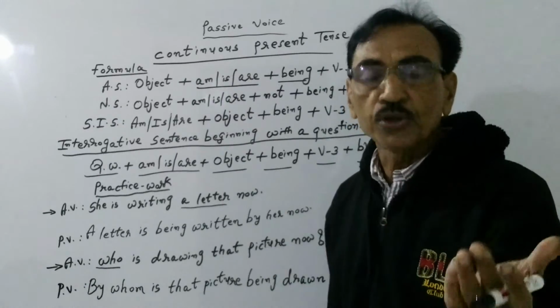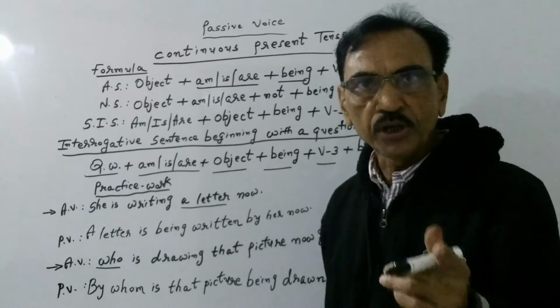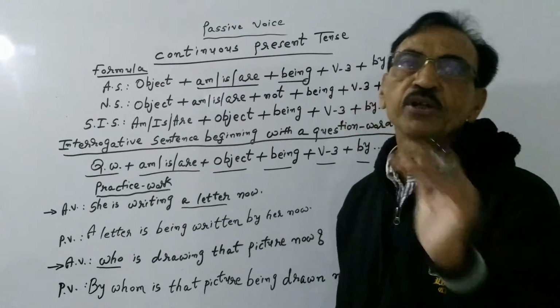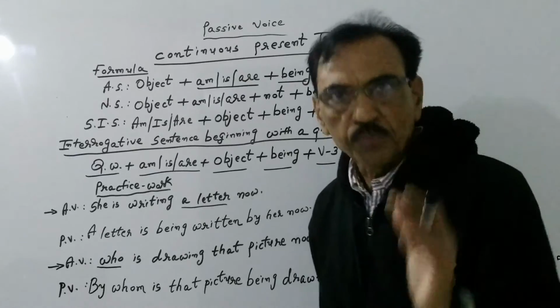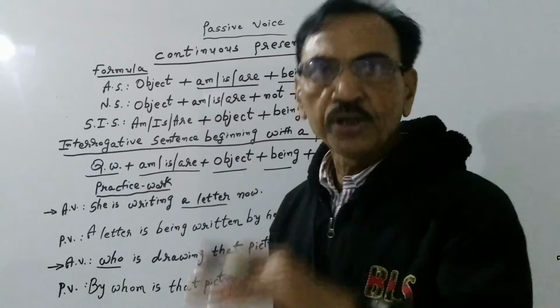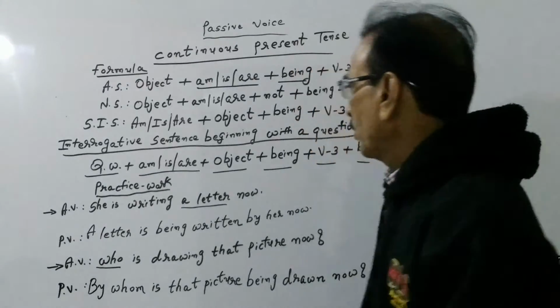There is no change in you. He is changed into by him, she into by her. There is no change in it. And they is changed into by them. The subject form of pronoun is changed into object form in passive voice.